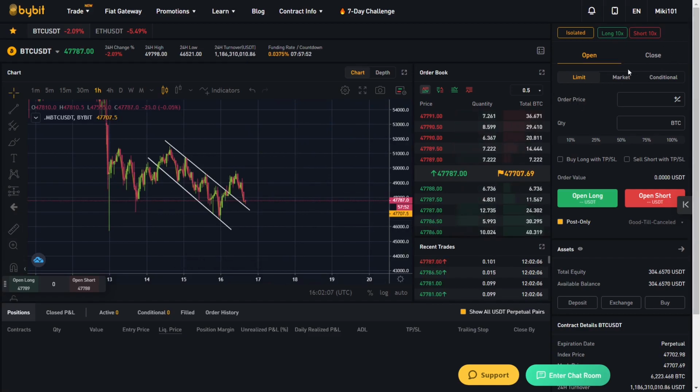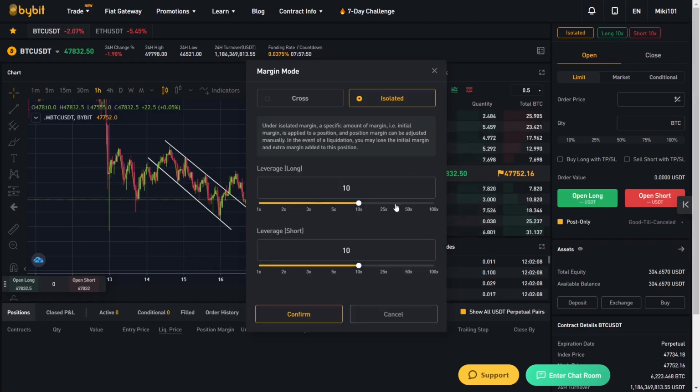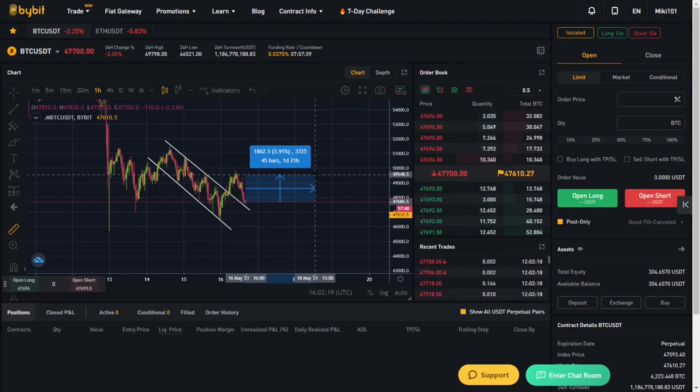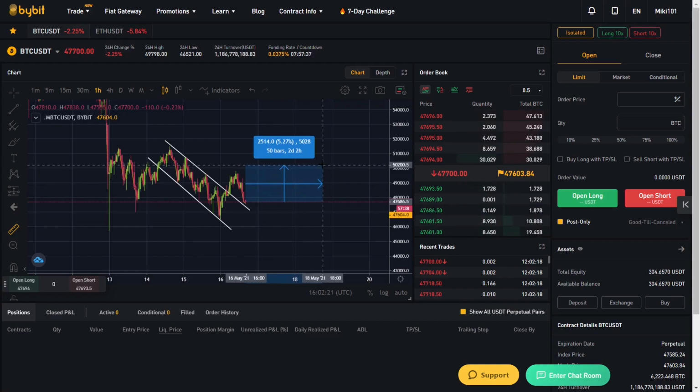And then you can use up to 100 leverage. So if every time it moves 1%, you can make 100% return. Let's say it goes up 5% and you're using 100 leverage. You could make up to 500% return in one trade.